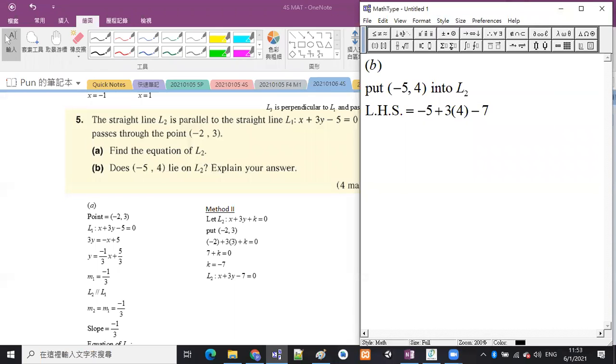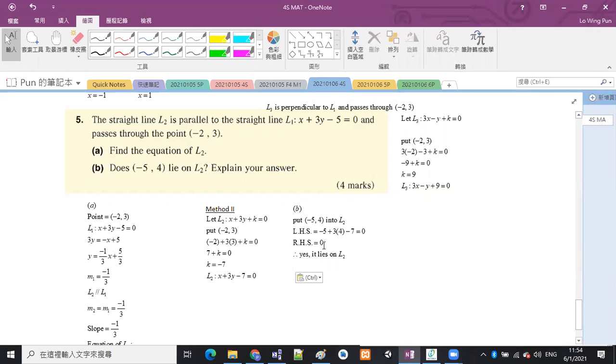When you do the calculation, it is equal to 0. Right hand side is just equal to 0. So they match. Okay, therefore, yes, it lies on L2.